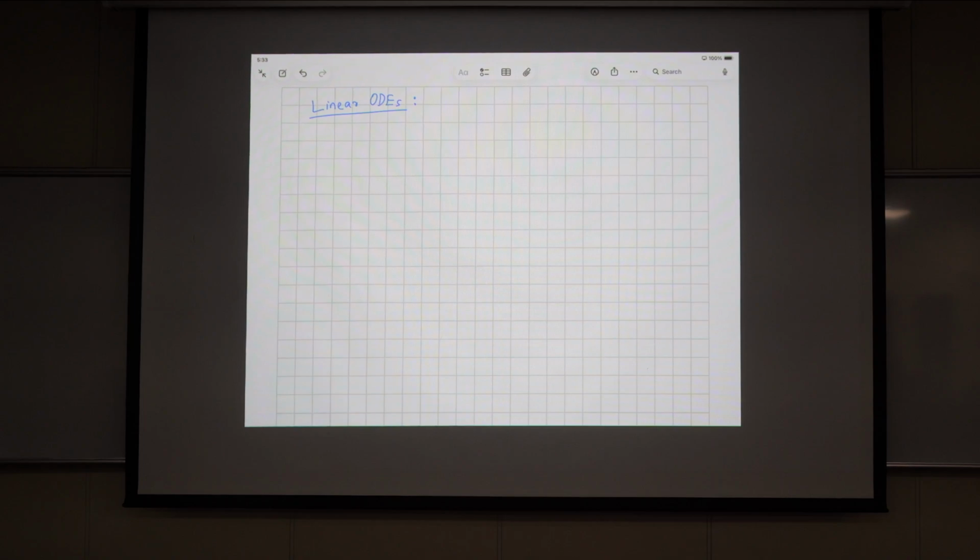So what exactly? Let's first understand what is this linear ODE, and then we can further analyze it. Okay. So first thing is we mentioned that ODE means it is a differential equation. It's a kind of special type of differential equation. So what exactly is it?